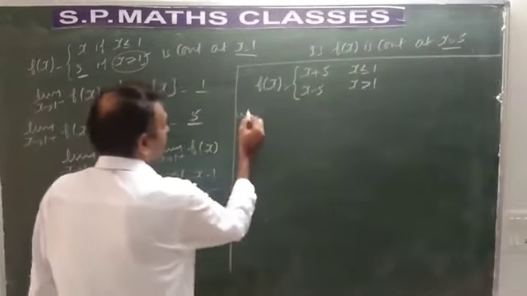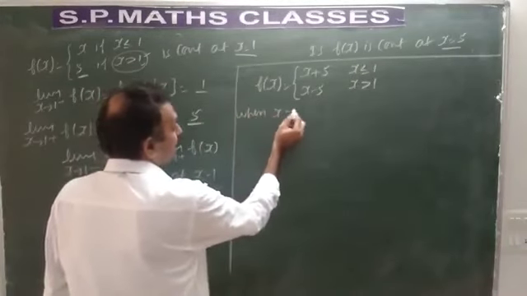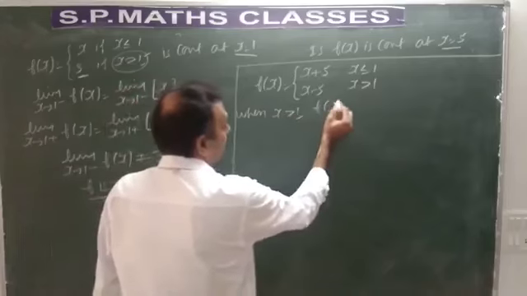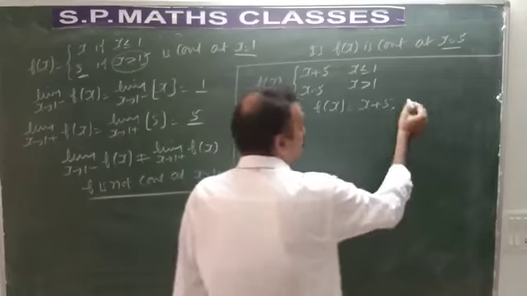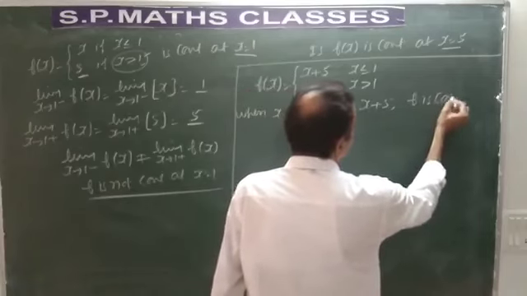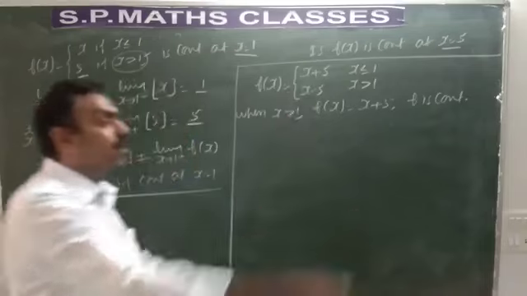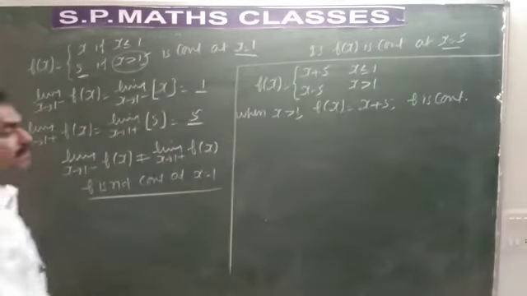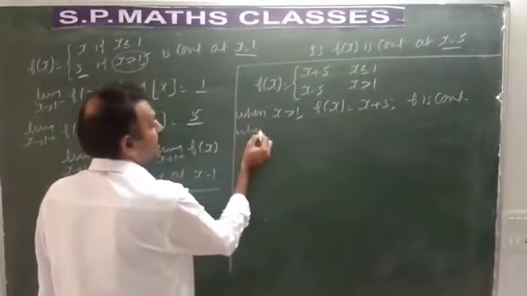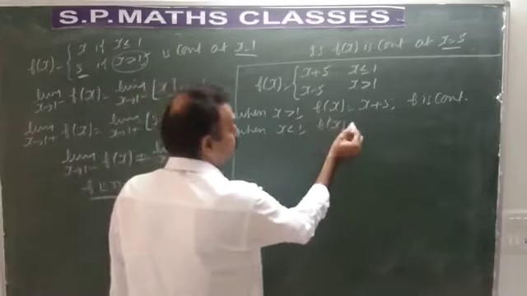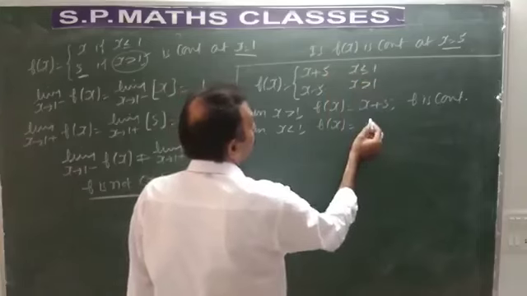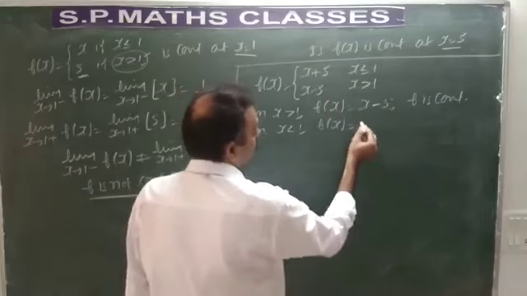So we write it like this: when x is greater than 1, f of x is x minus 5. So it is a polynomial. I conclude f is continuous for all values of x greater than 1. Alright, when x is less than 1, which function is to be taken? For x greater than 1, it is x minus 5.